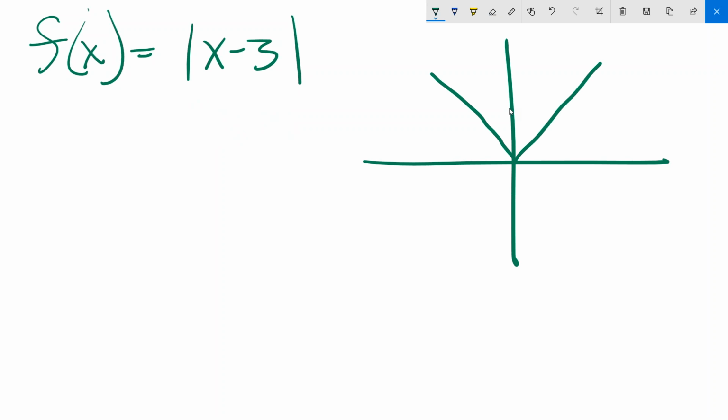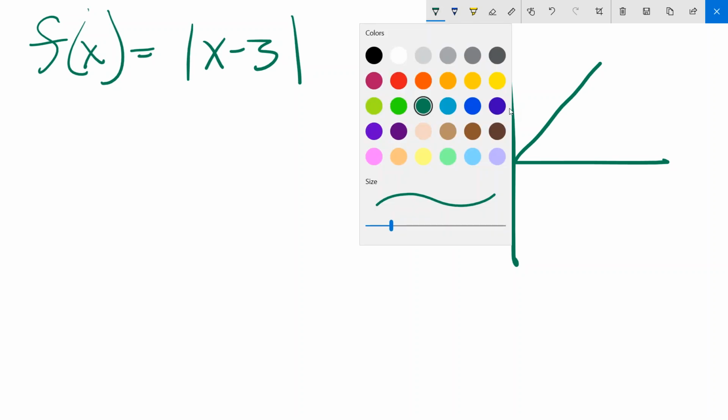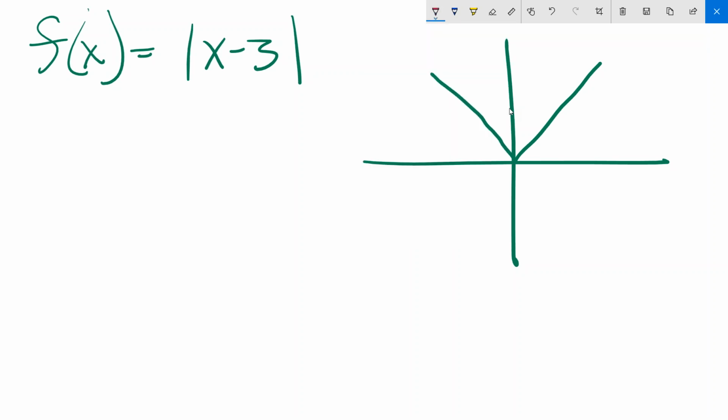What does the 3 do? It moves it to the right 3 units. So if I wanted to graph what I have drawn there, it does not change the shape. Anytime you have a horizontal or a vertical shift, it does not change the shape of the graph, just turns it to that. That would be a horizontal shift of 3 units, and we could handle that.